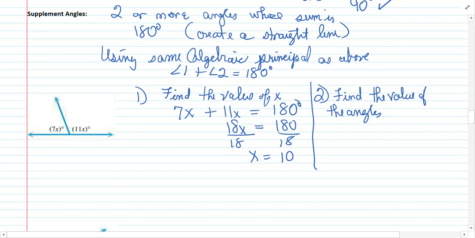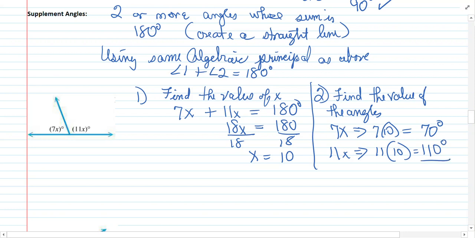So I've got 7x is one angle, and that gives me 7 times 10, 70 degrees. Then the other one is 11x, which gives me 11 times 10, which equals 110 degrees. When I add them up, I have 180 degrees.